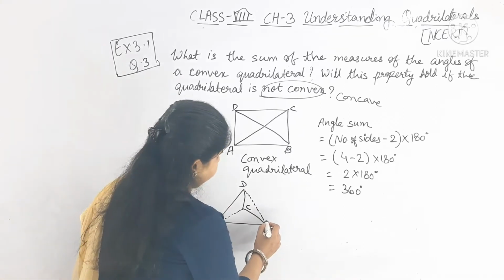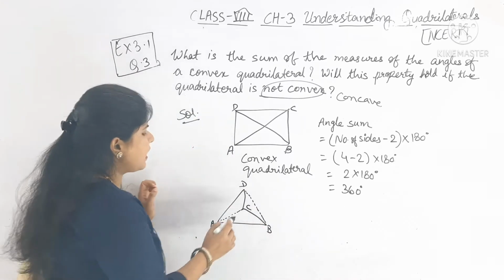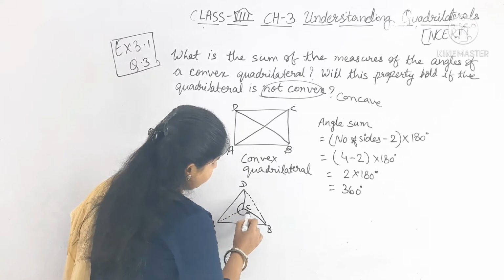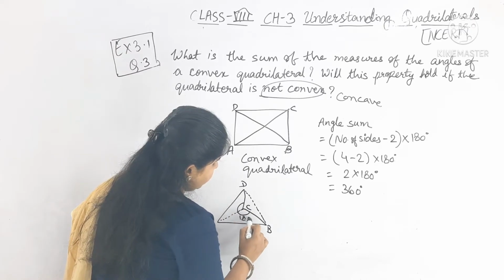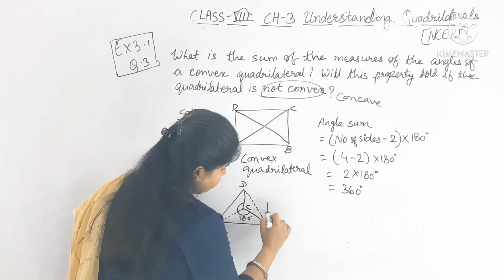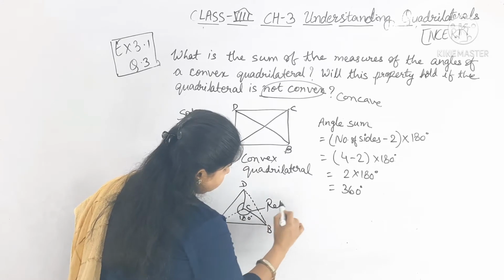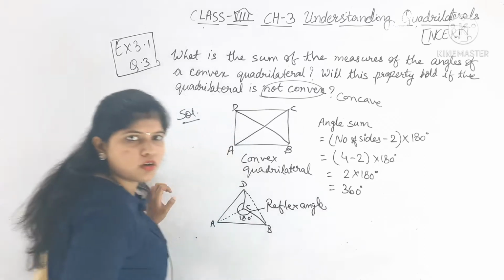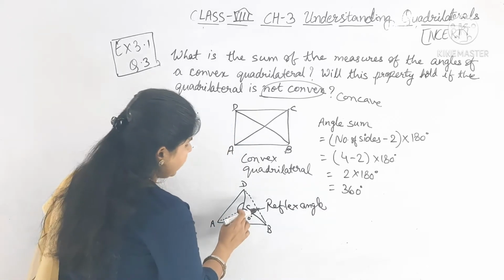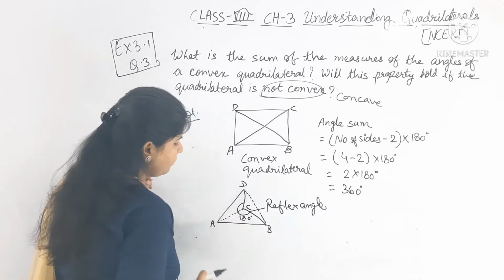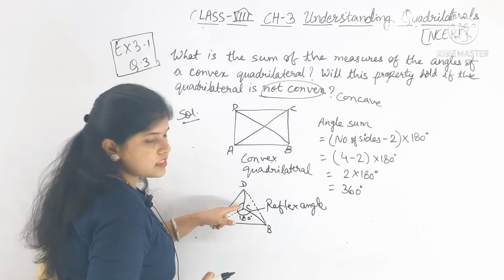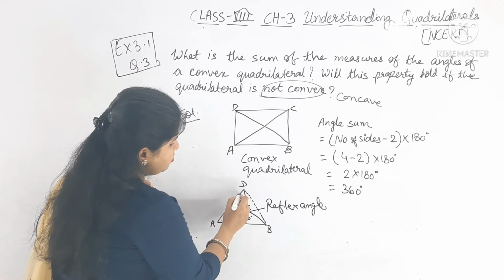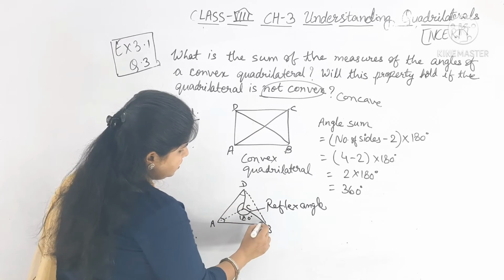Okay, so this is like a reflex angle. Okay, what is this? It is a reflex angle. Okay, so this one angle is 90 degree, and this is also 90 degree, 90 degree, 90 degree.